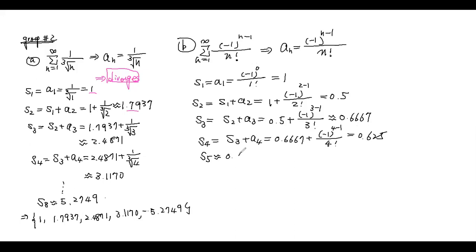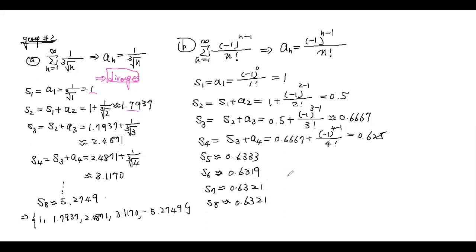S5 is 0.6333, S6 is 0.6319, and S7 is close to 0.632, and S8 is close to 0.6321.